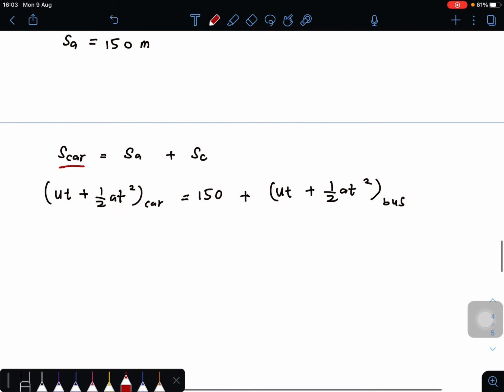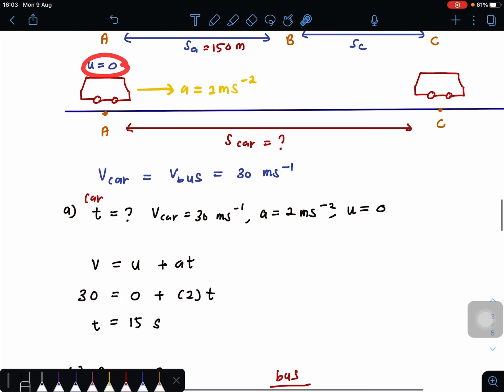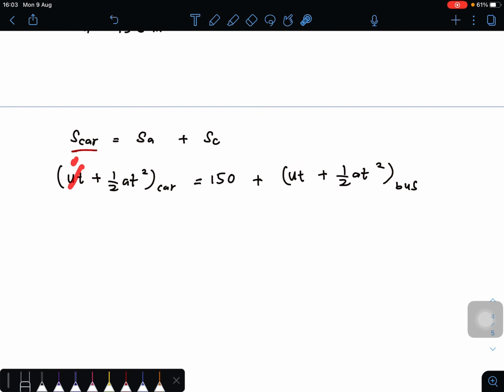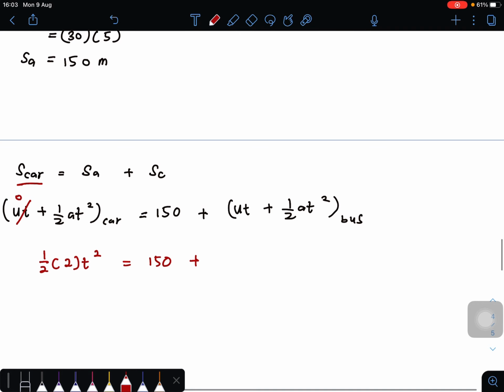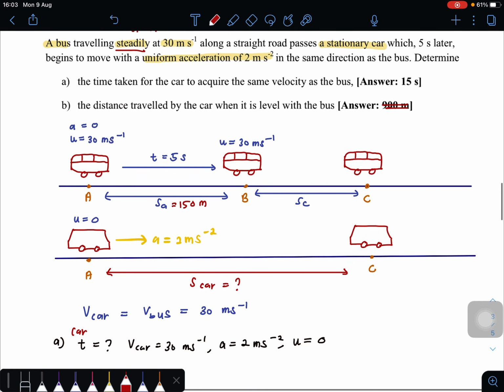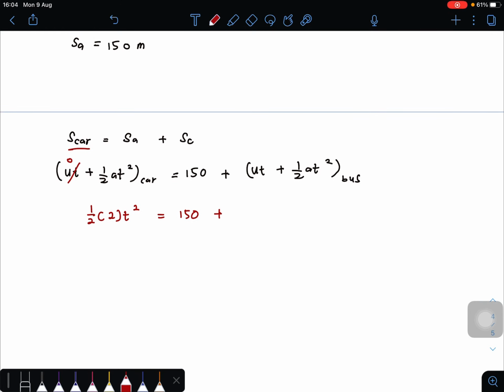For the car, the initial velocity was zero, right? So the initial velocity here is zero. So here zero, and then we know the acceleration is 2 meters per second square and then t square. Equal to 150 plus, for the bus. For the bus the acceleration is zero, but the initial velocity is 30 meters per second.